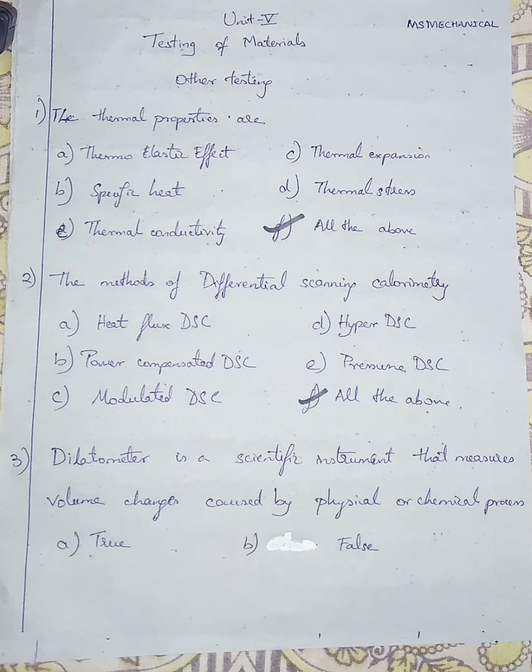For example, you have ice. You place that ice in a cup and you are heating it. There will definitely be a change in volume, from ice to water. The level of ice in the cup and the level after melting will definitely differ. That change is measured by the instrument called a dilatometer.